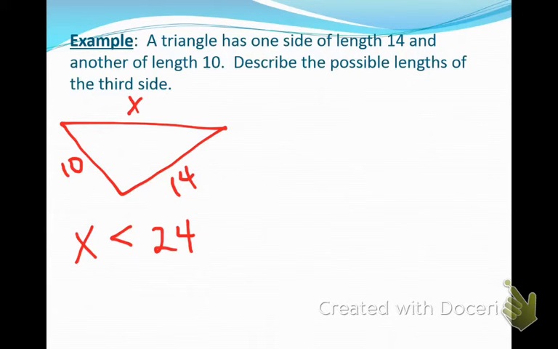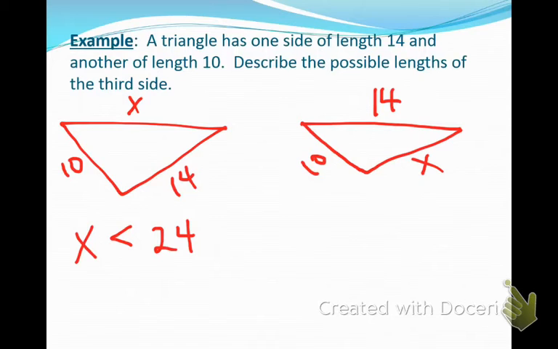Another way with these possible lengths that the triangle could be is that 14 is the longest side. This is 14. One of the shorter sides is 10. We've got to find this side. Okay? So in this case, what would this x have to be greater than?